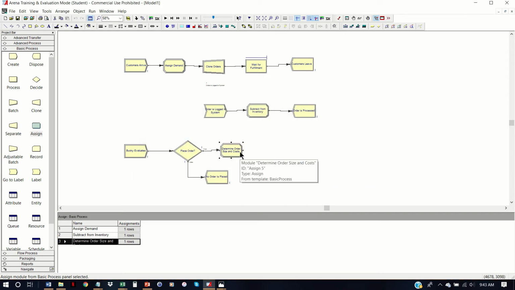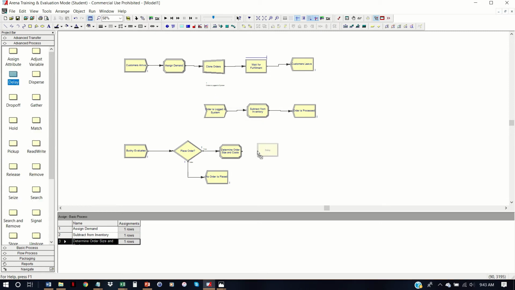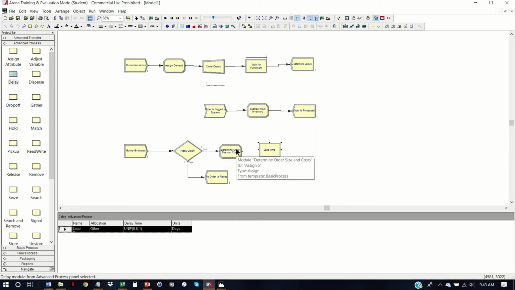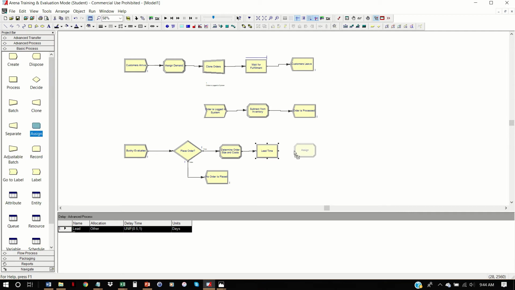Then there's going to be a lead time between half a day to a day. So we're just going to put in a delay and call this lead time, and this is going to be, again, half a day to a day. Okay, let's connect these. And then once the order is delivered, we're going to update the inventory level.